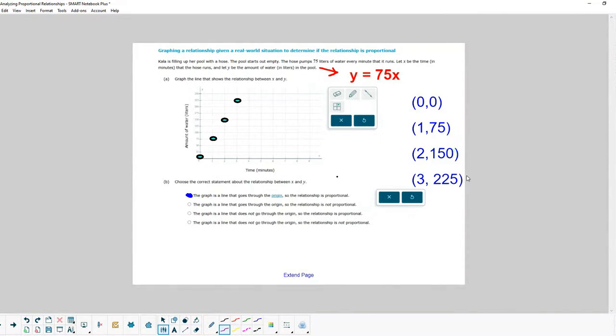And in 3, 225. And so you can see here's our graph of that information. Because it starts at the origin and it moves up at a constant rate of change, the graph goes up through the origin, and the relationship is proportional. If you read the other statements, you can see that in one way or another they are not true.